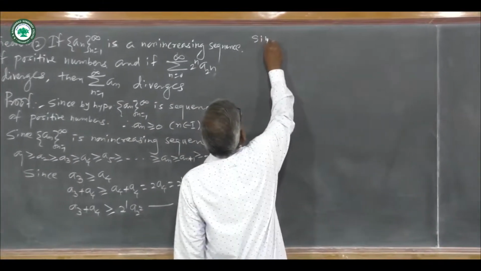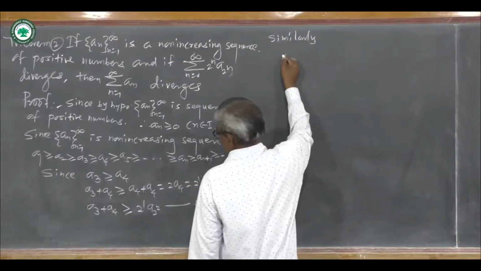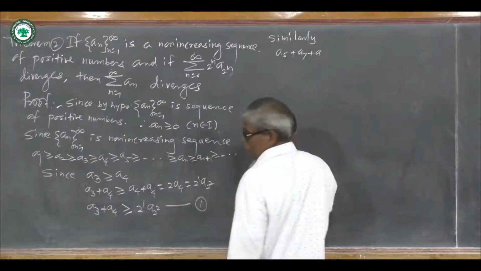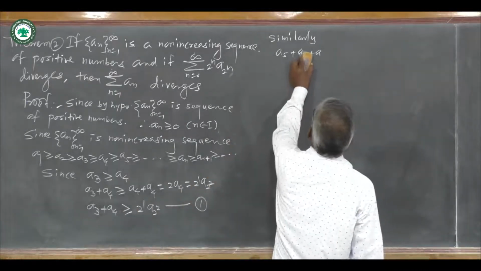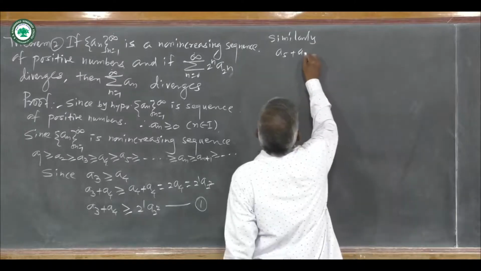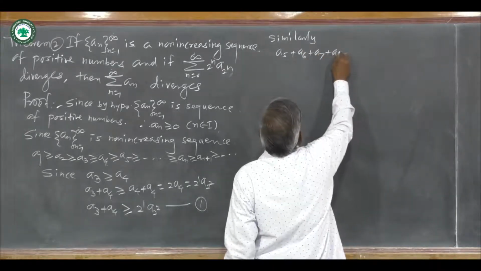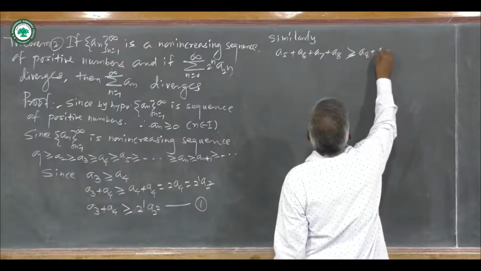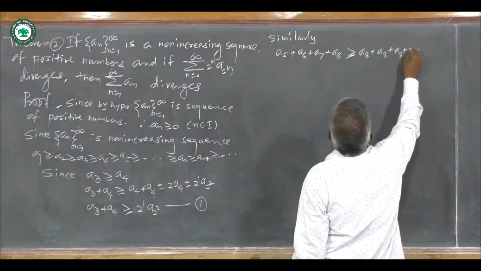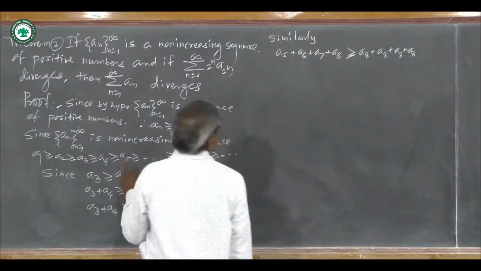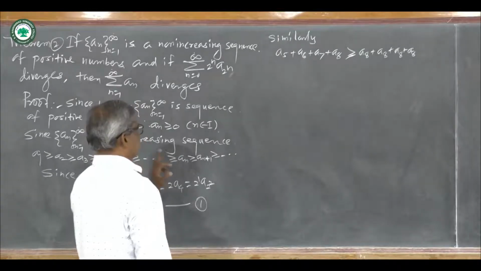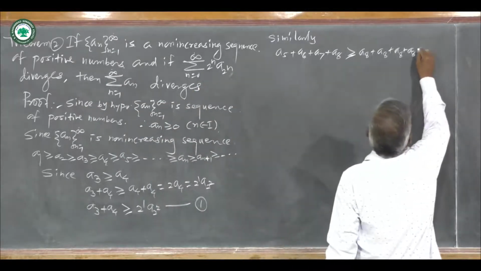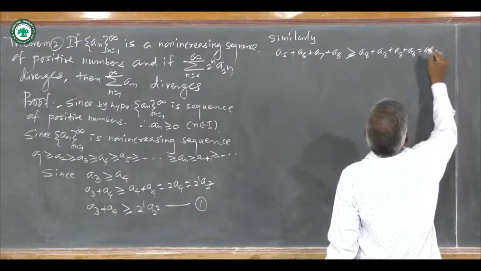Since a5 is greater than or equal to a8, a6 is greater than or equal to a8, a7 is greater than or equal to a8, and a8 is equal to a8, a5 plus a6 plus a7 plus a8 is greater than or equal to a8 plus a8 plus a8 plus a8, which is equal to 4 times a8.